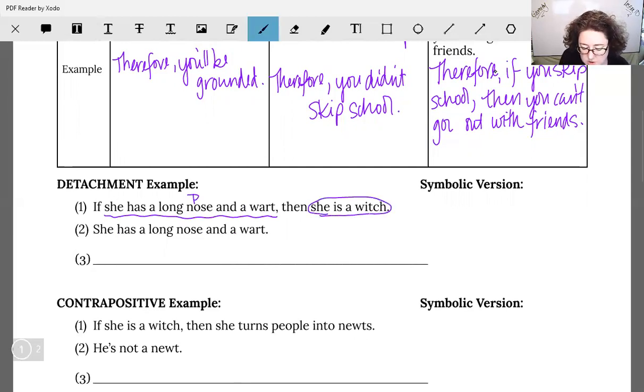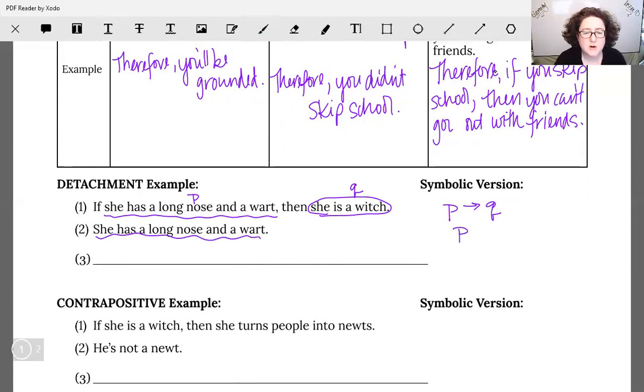She is a witch. There's our conclusion for a conditional statement. So I could write this as if P, then Q. She has a long nose and a wart. Well, that's a repeat of that first idea. That's a repeat of our P statement.